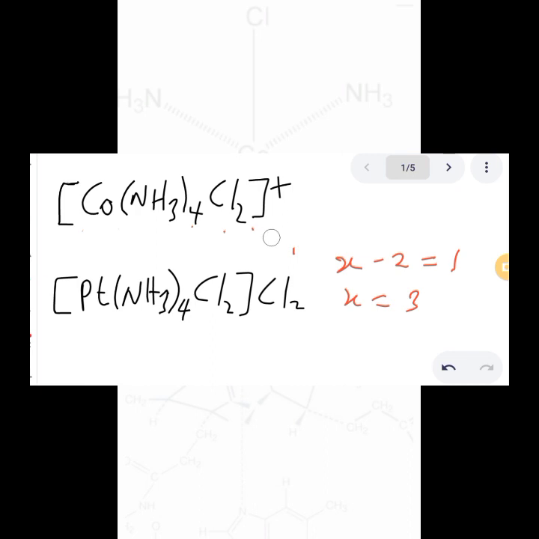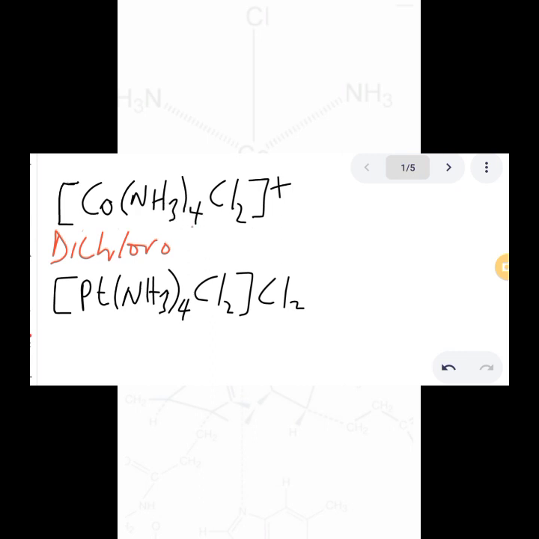So how do we name this compound? Mind you, this is a cationic complex. So in naming this compound, we have to what? Name the negative ligand before the neutral ligand, and this is the negative ligand. So the name will be what? Dichloro. Then we have 4 amine groups.